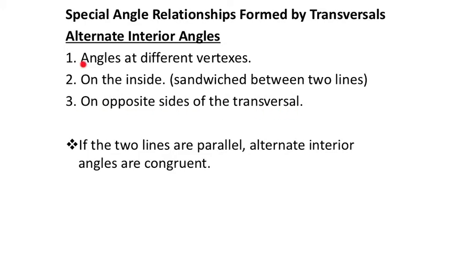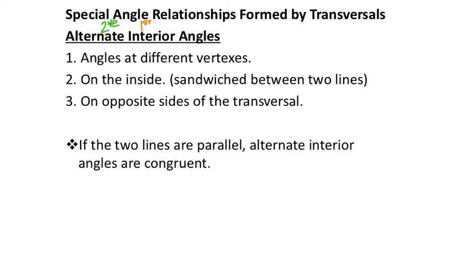But to me it would also include this first one, angles that have different vertices. Vertexes, whatever. But interior, of course, means that they would have to be on the inside. This is usually the first thing that I would identify, interiorness. Okay, I would look for interiorness first. Then I would look for alternatingness second, okay?